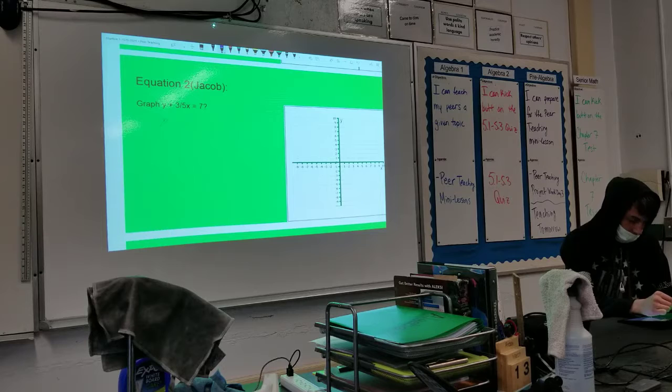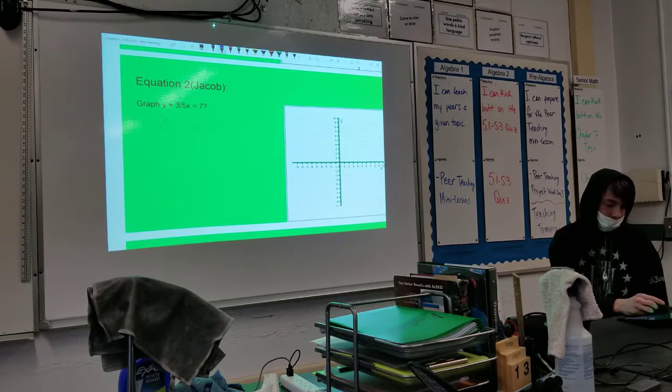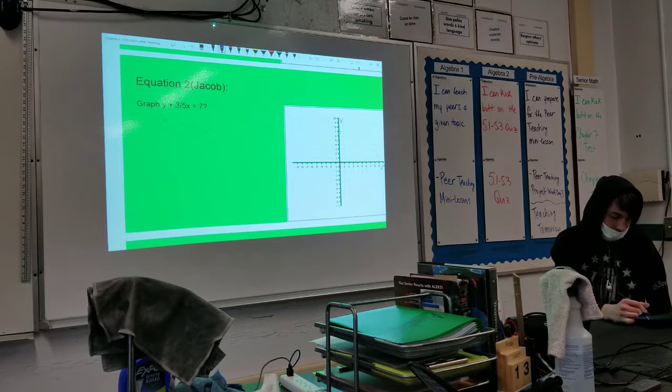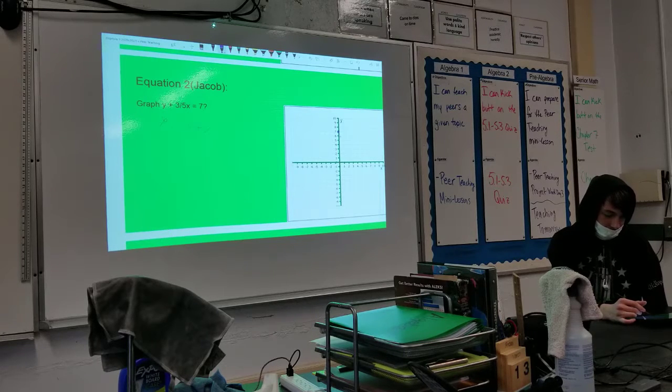So that would be the equation, and then you just start from the +7, so it's up here. And then you just go down, and then right 5. Down 3, right 5, I think. Yeah. Cool.